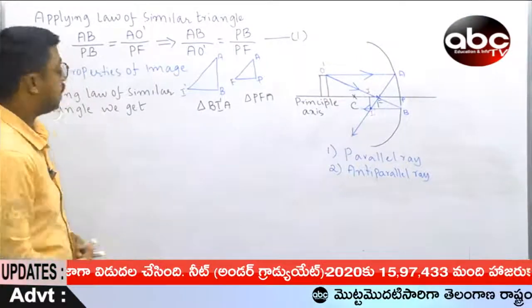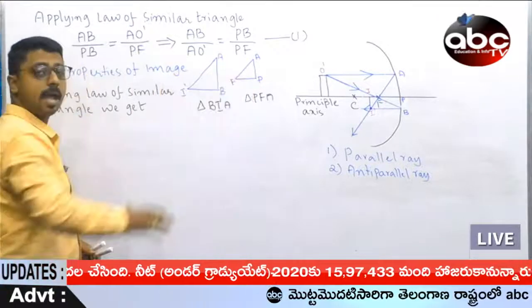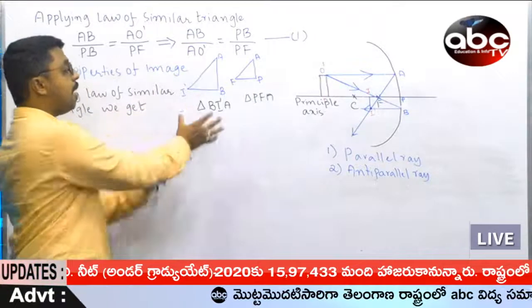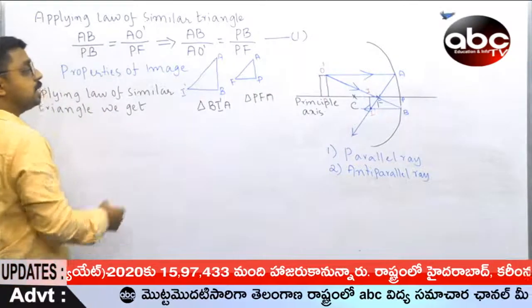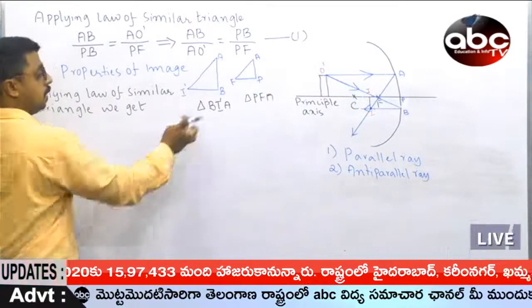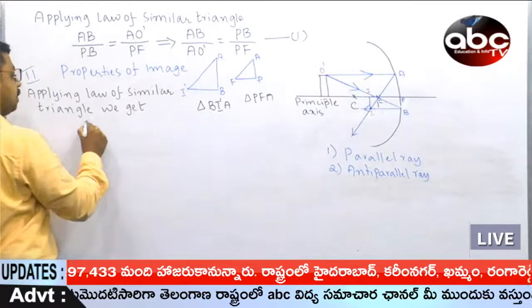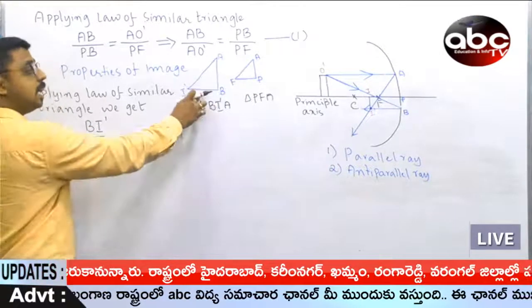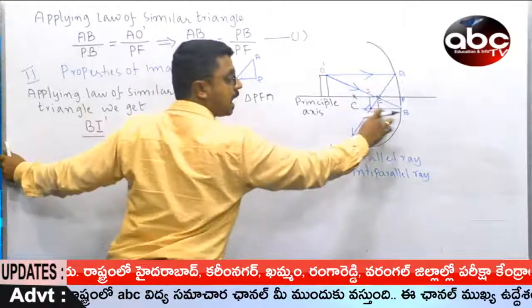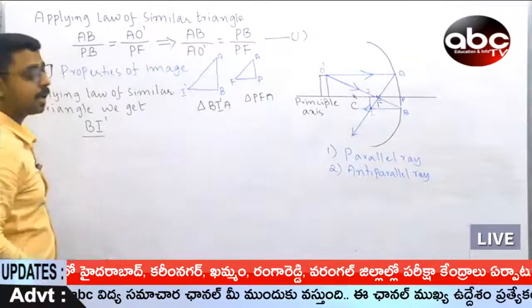Listen here carefully. These two are the triangles, and we are comparing the base. What is the base here? BI dash, compared to PF. This is a bigger triangle, next is a smaller triangle.